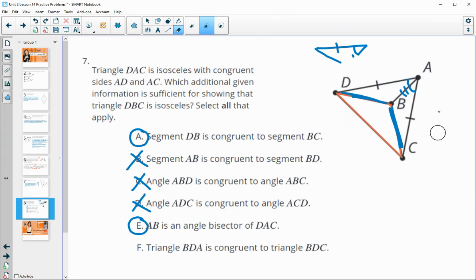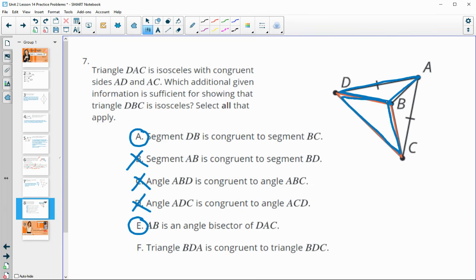All right, then the last one, triangle BDA is congruent to triangle BDC. Does that help us? And that is a no. If we knew those two triangles were congruent, that would give us these pieces are congruent, but that gives us that this triangle is isosceles, not the orange one.